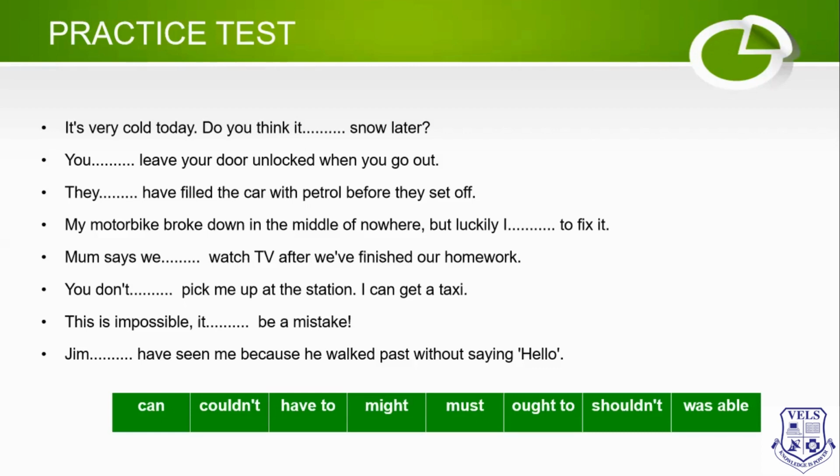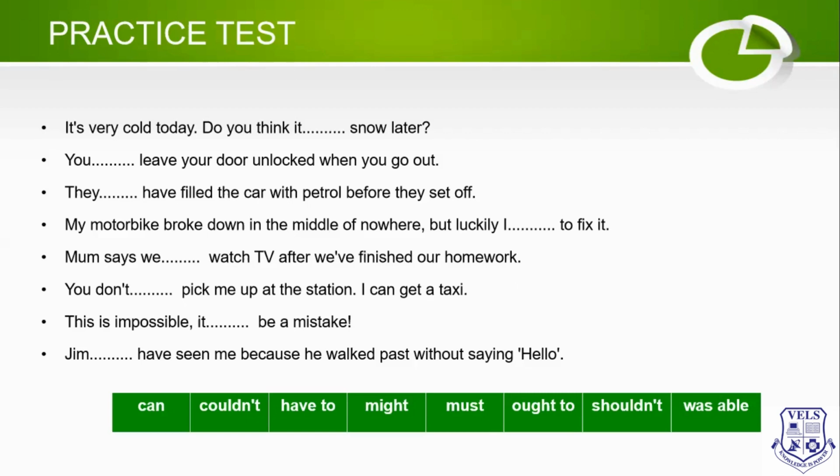Mom says, we dash watch TV after we have finished our homework. Make a note of your answer. You don't dash pick me up at the station. I can get a taxi. Let's move on to the next sentence. This is impossible.